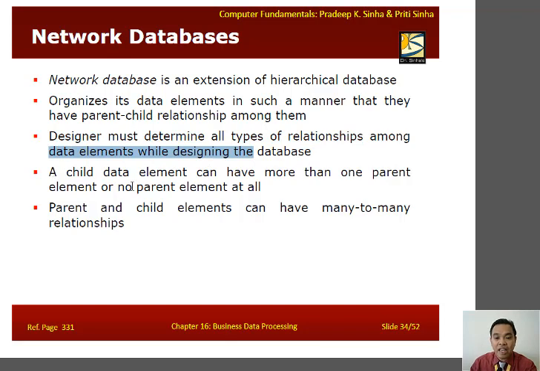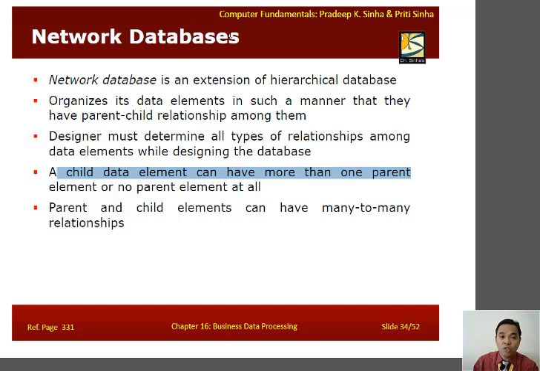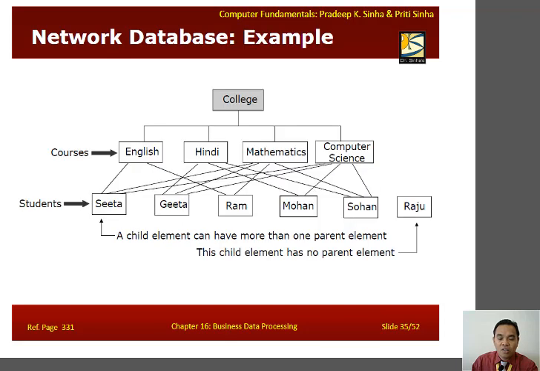Then a child data element can have more than one parent. Take note: a child data element can have more than one parent element or no parent elements at all. So parent and child elements can have many-to-many relationships. So this is an example of a network database model.